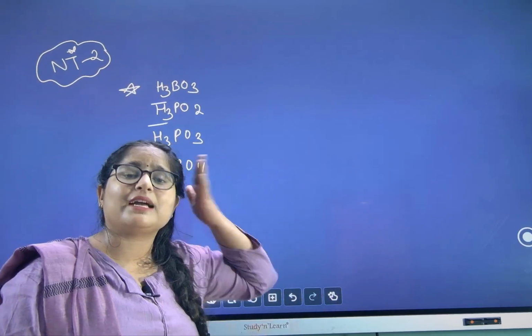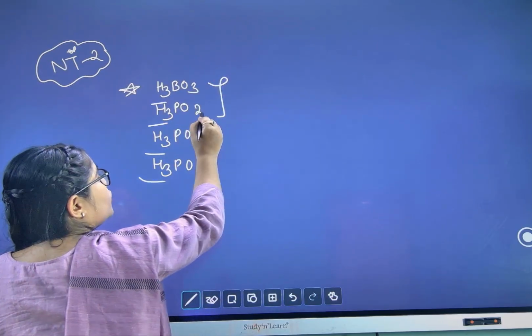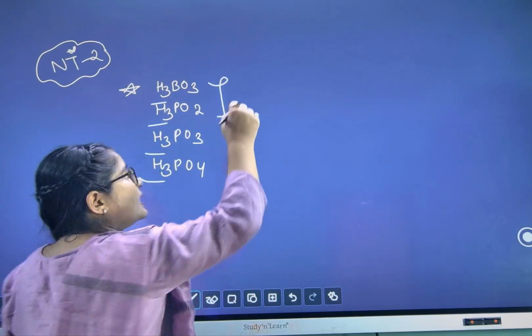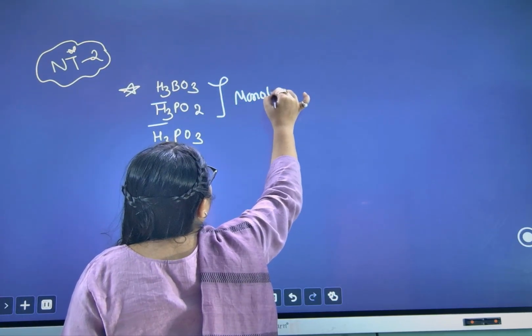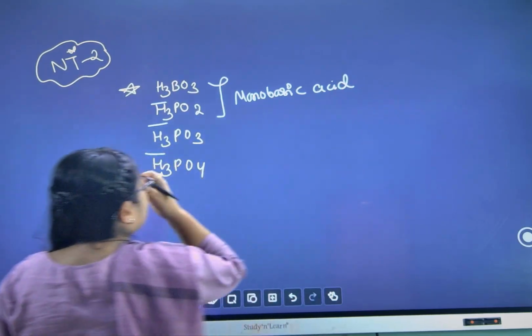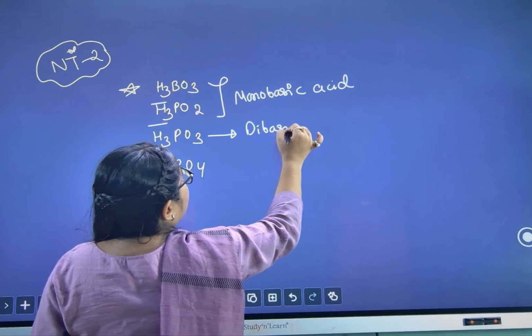No, it is not like that. Keep it in your brain. H3BO3 and H3PO2, even though they have 3 hydrogens, are monobasic acids. Write down, it is monobasic acid, or monoprotic. H3PO3 is dibasic acid.